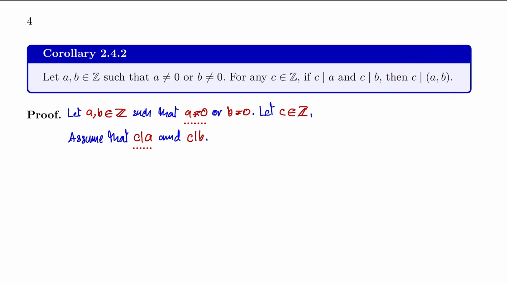So when we have c divides a and divides b, we're going to have something like this. By theorem, I've got to remind you this: if you have d divides a and d divides b, what do we have here? We're going to have, for all integers x and y, d divides ax plus by.